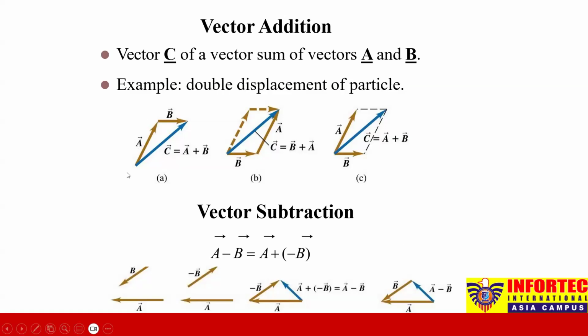Then we draw our vector A in this line. This is the head of vector A. Then for A plus B, we have to draw vector B from the head to tail method. The head of vector A meets the tail of vector B, right?